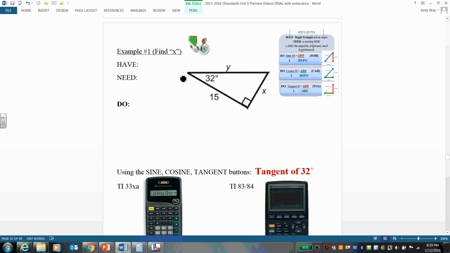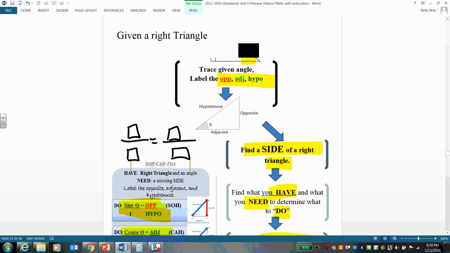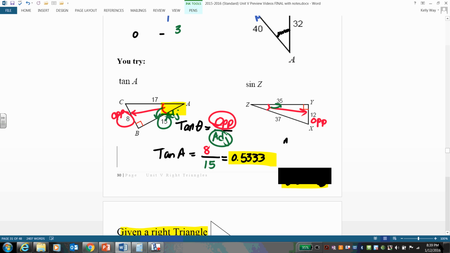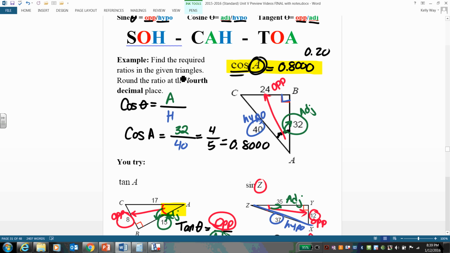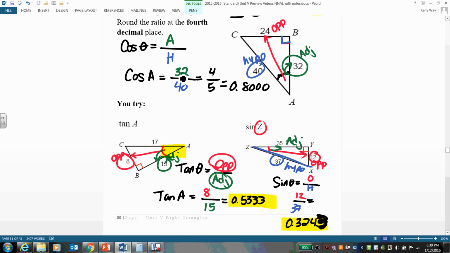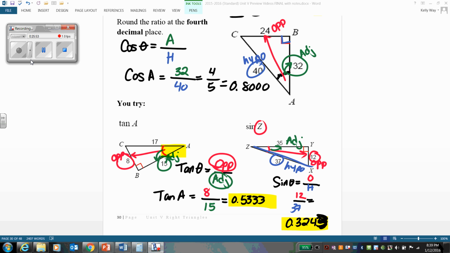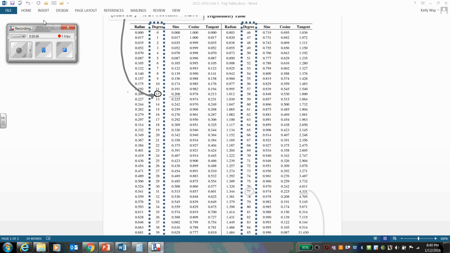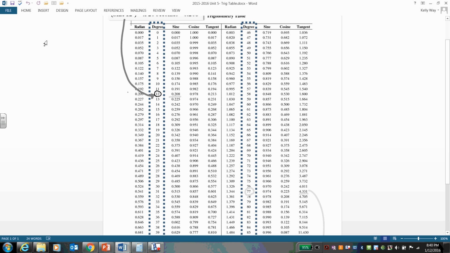Okay, now all these ratios are actually, there's giant tables that coordinate these ratios with these certain angles. For example, if you look carefully in your reference booklet, you're going to find this page.